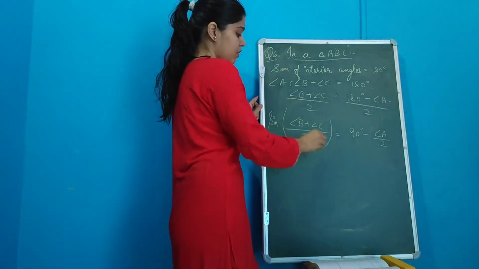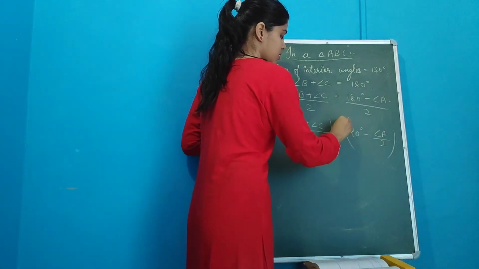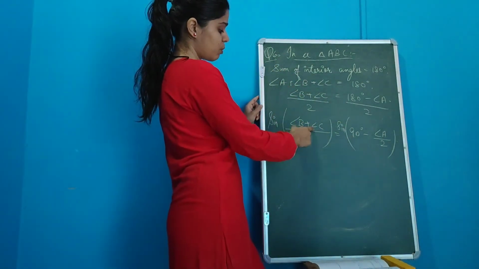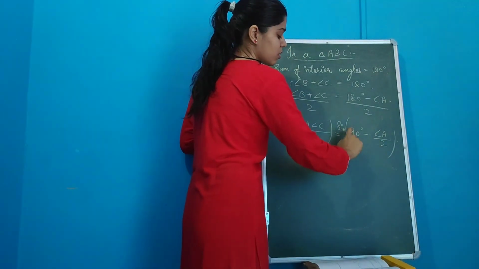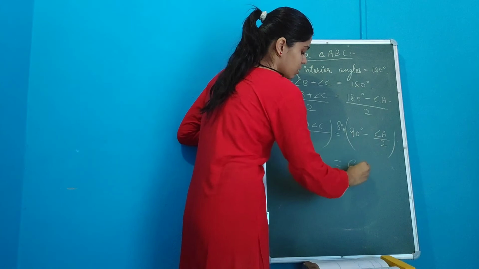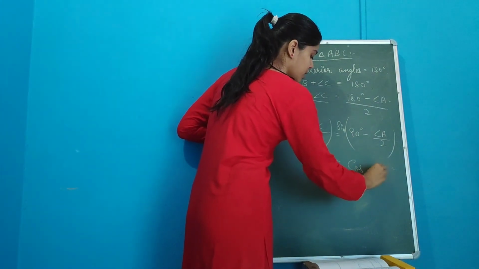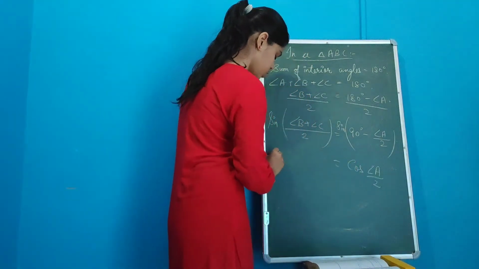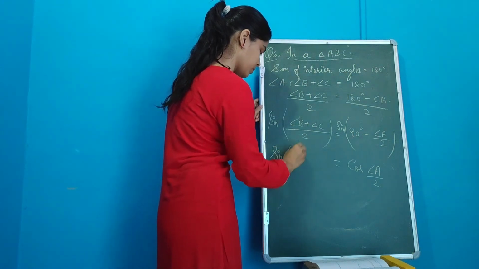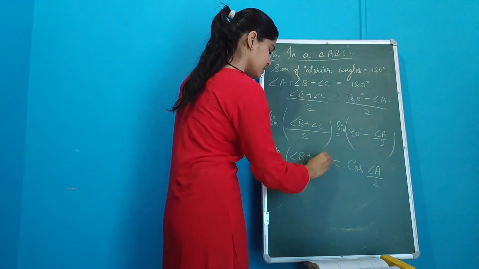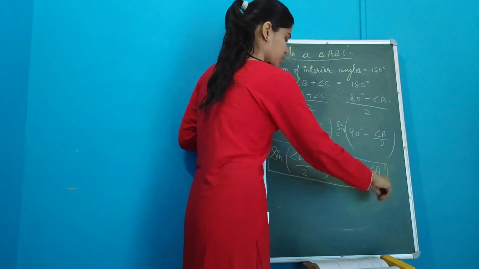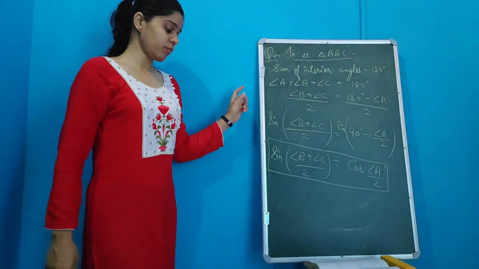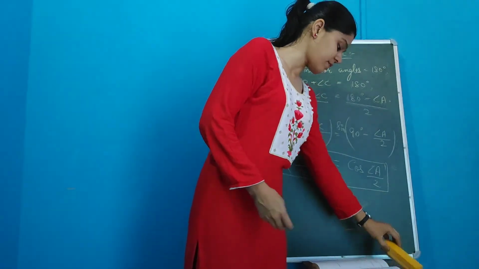So taking sine function on both the sides, sine of B plus C upon 2 equals to sine of 90 minus something. So 90 minus theta, it will become cos of angle A by 2. So this is what we required. Angle B plus angle C upon 2. So hence proved.